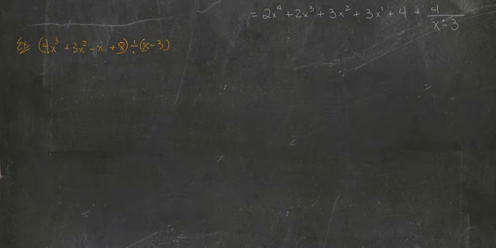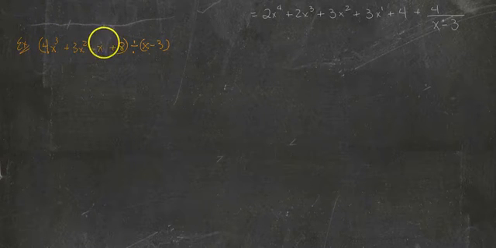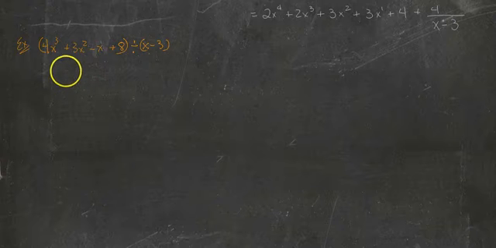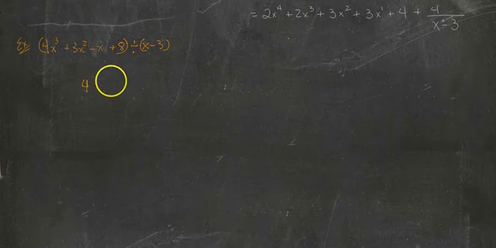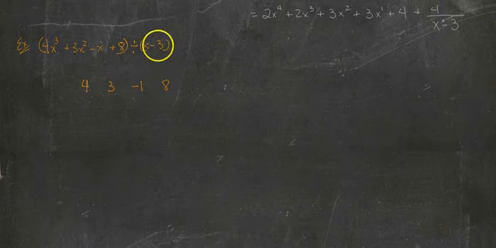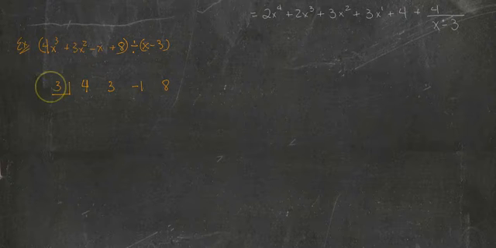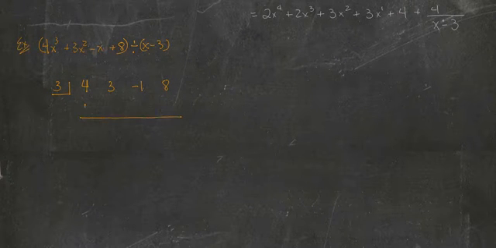Okay, so synthetic division. I have 3, 2, 1, 0, so I have every power of x expressed, so I'm going to write the coefficients, 4, 3, -1, 8, and then for my binomial I'm going to write the opposite, which is 3. Now I do my synthetic division.